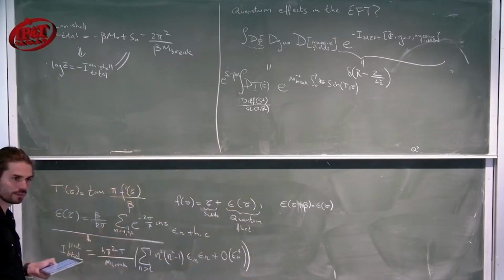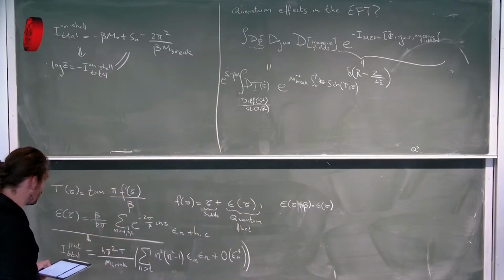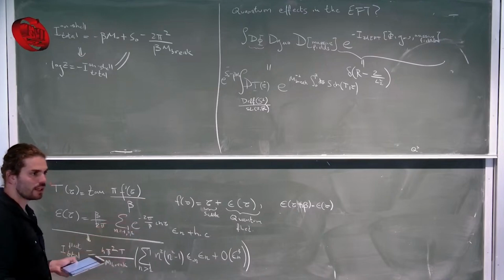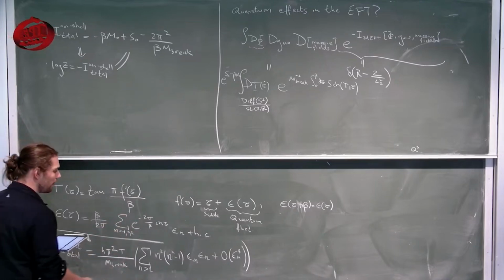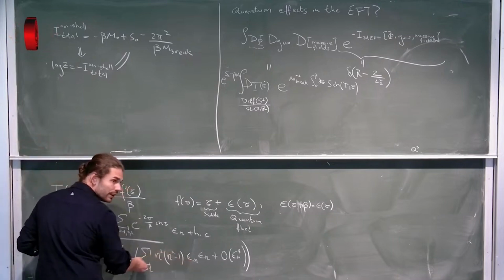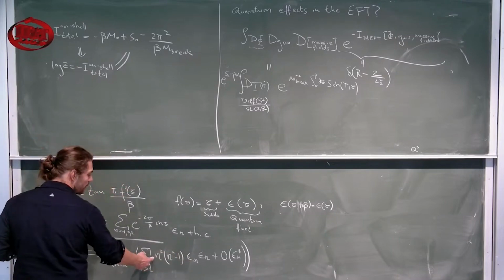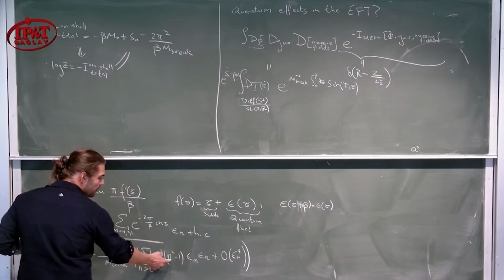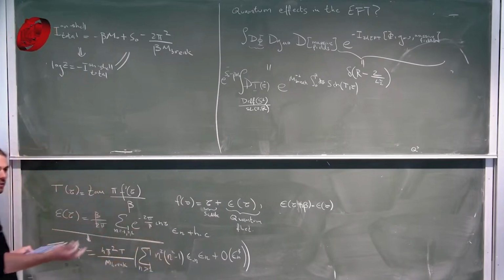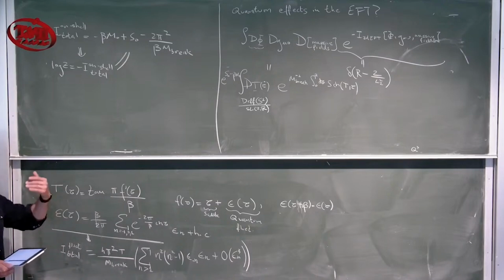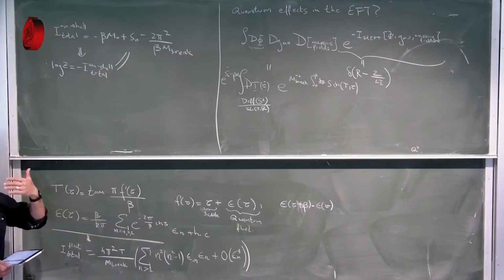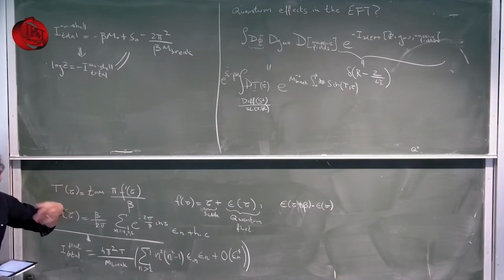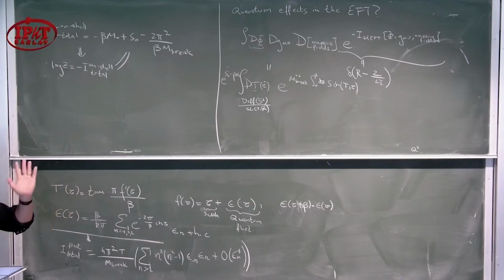So related to your question, notice that in the action, all these modes appear with a positive coefficient at quadratic order. n squared minus 1 and n squared are positive for n bigger than 1, which means that in the path integral, these quadratic modes are well defined. One can perform an integral over them without needing to change contours.